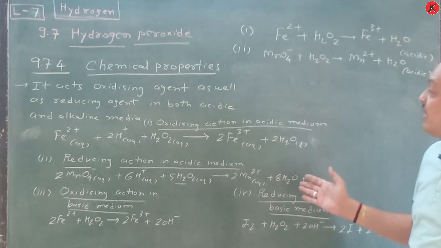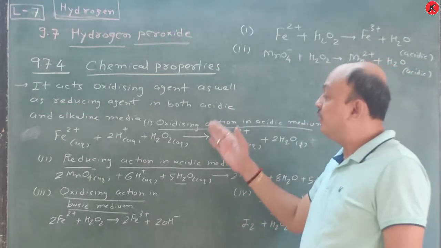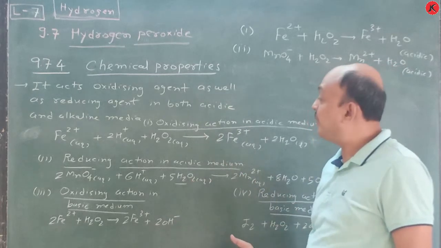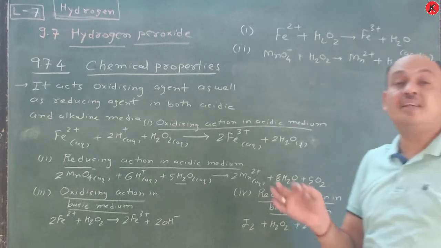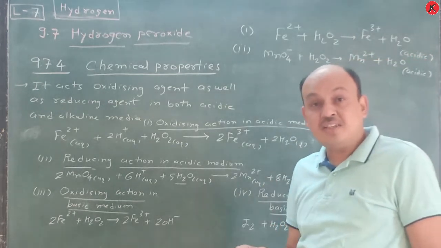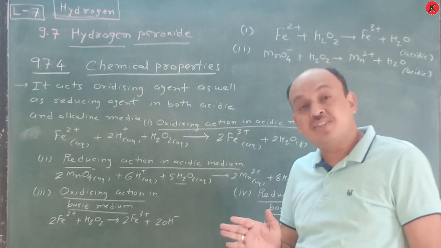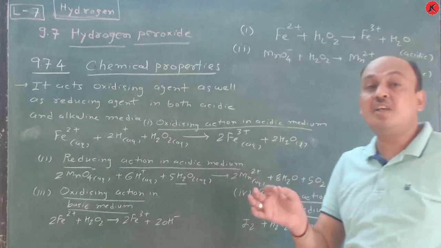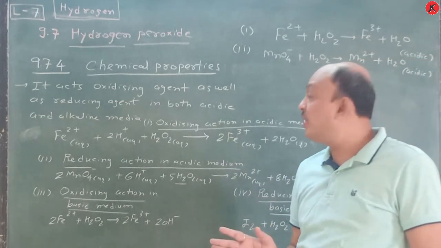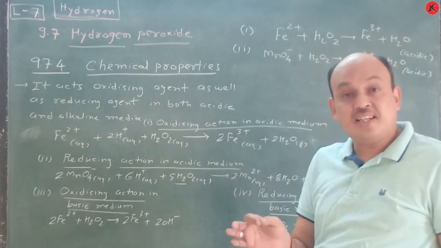Now hydrogen peroxide is complete according to your NCERT textbook, and you should practice this type of reaction, in which you have to identify whether they undergo oxidation reaction or reduction reaction, and which is the oxidizing agent and reducing agent. If you know this concept, then it becomes very easy. Just one clue: in a particular reaction, find out where oxidation occurs and where reduction occurs.